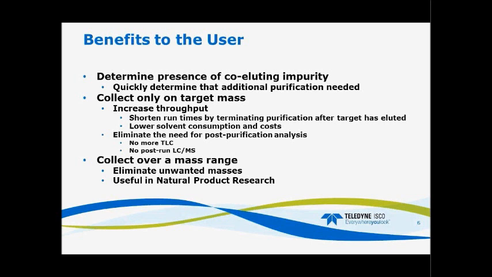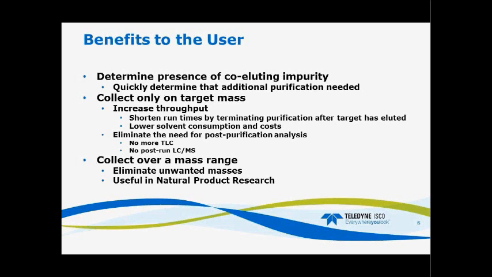In other words, if I have a target mass of 195 and I set the system up to terminate after the target is eluted, as soon as the peak from the mass generated by the mass spec returns to baseline, it terminates the run, lowers your solvent consumption, and increases your throughput by decreasing runtime.